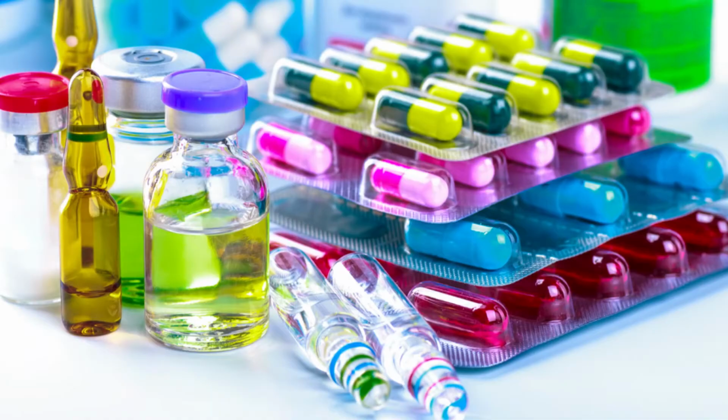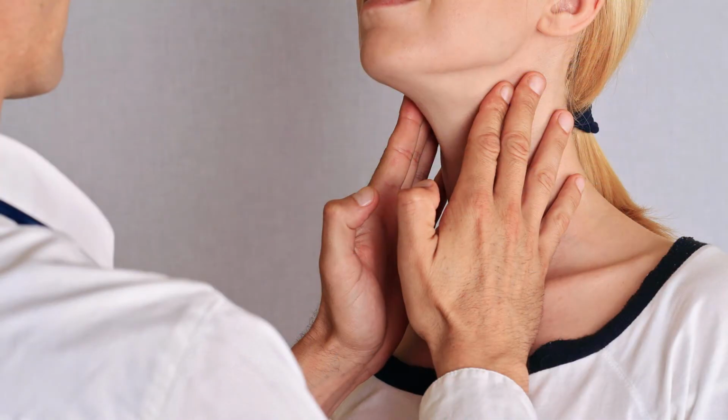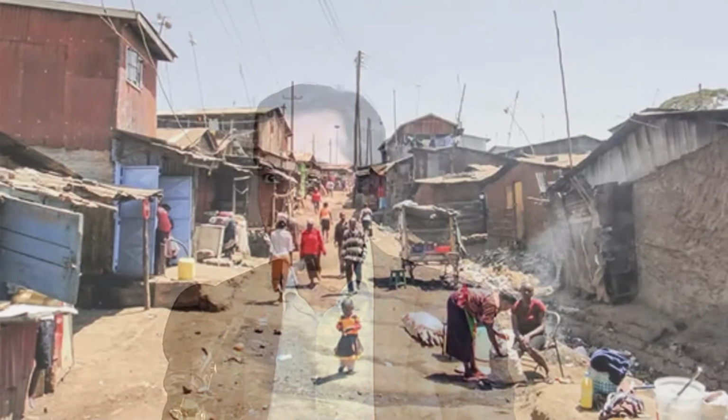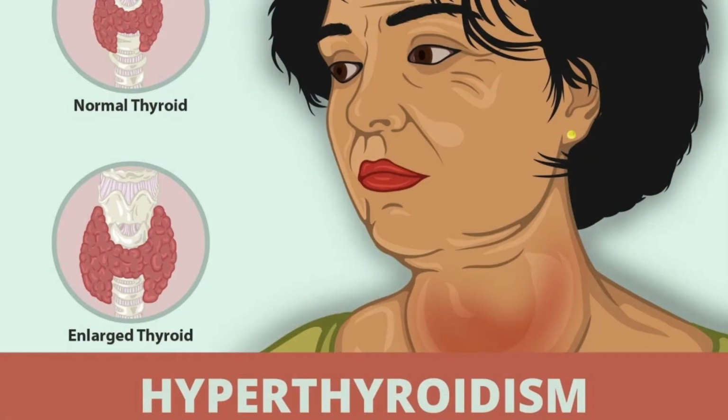If they are taking anti-thyroid medications for overactive thyroid, and if they are given in slightly higher doses, that could lead to hypothyroidism. In underdeveloped countries where there is iodine deficiency, that can also lead to hypothyroidism, but it's not very common in the UK.